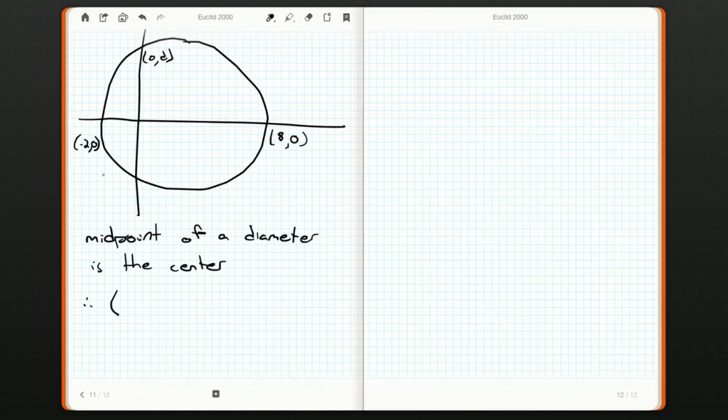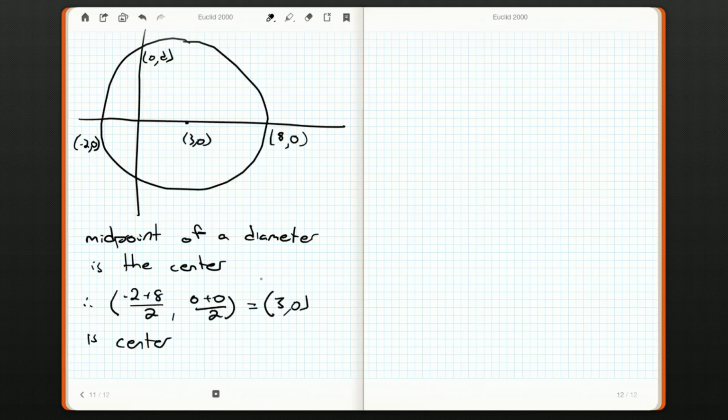So if we want to take the midpoint, we add the x-coordinates and divide by 2, and we add the y-coordinates and divide by 2. Negative 2 plus 8 is 6, divided by 2, so that's 3. So 3, 0 is the center of the circle.